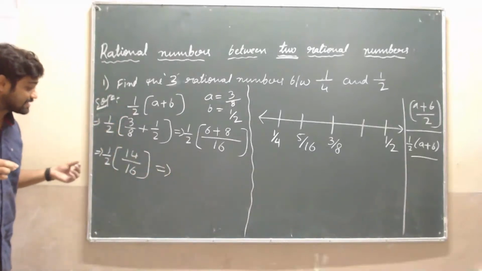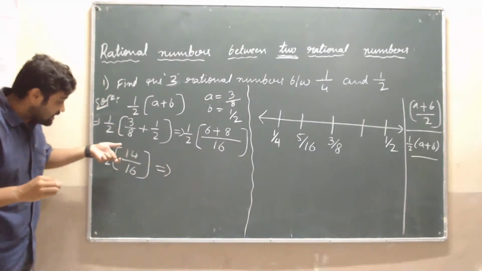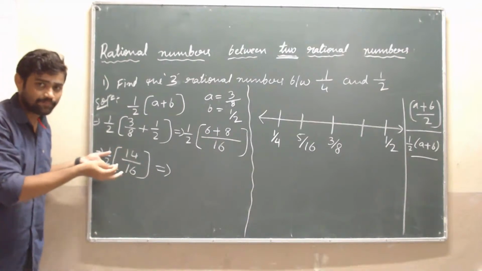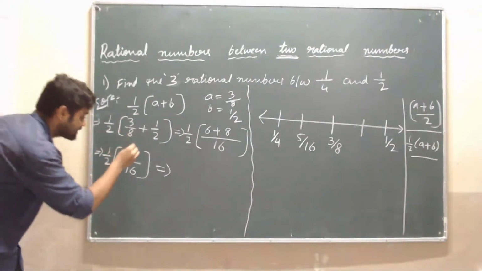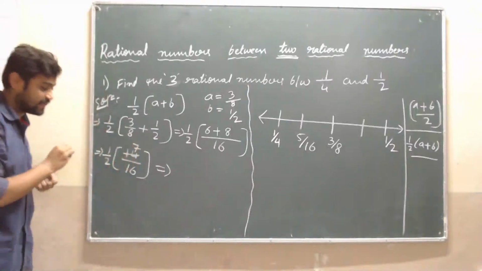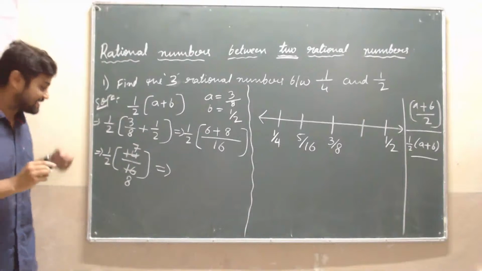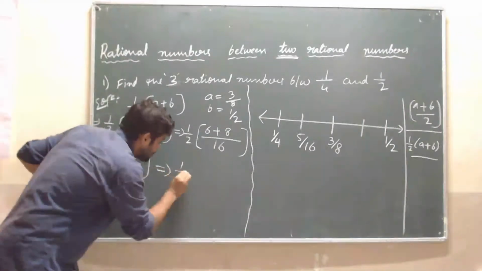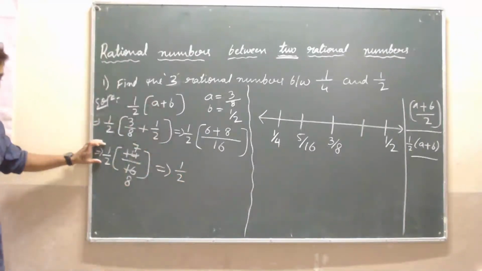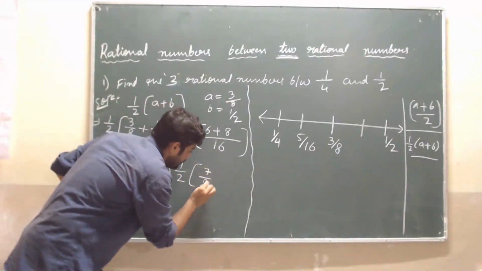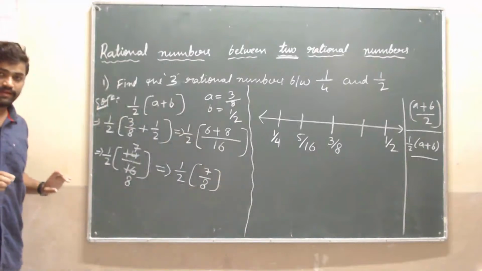One more step we have to concentrate on here, that is whether these both can be simplified. Yes sir, simplify: 2 7s are 14 and 2 8s are 16. Isn't it? Yes. That is 1 by 2 as usual and 7 by 8 here.